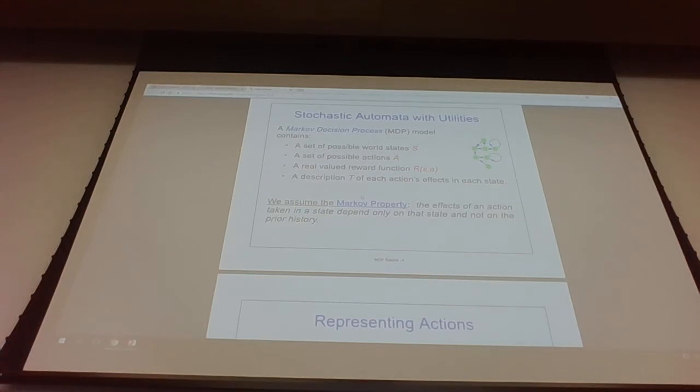So that is a very big assumption in Markov decision process. What is that assumption? The assumption is that you have a model of the process. You can say something about the process in the future.